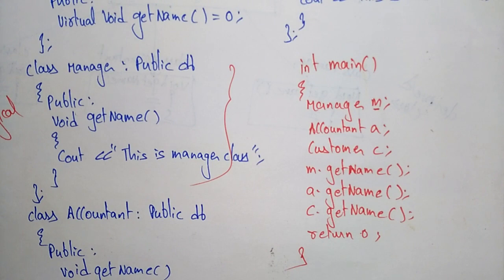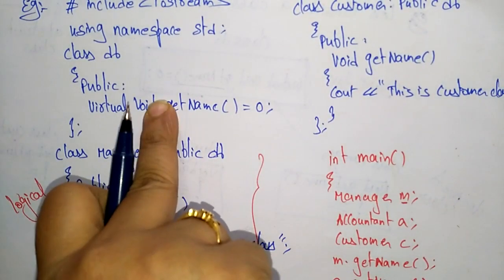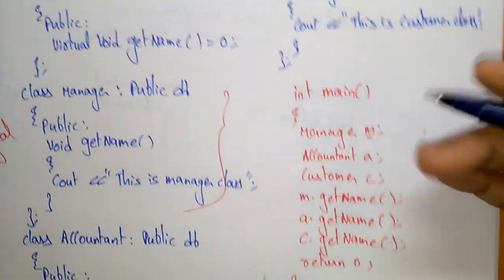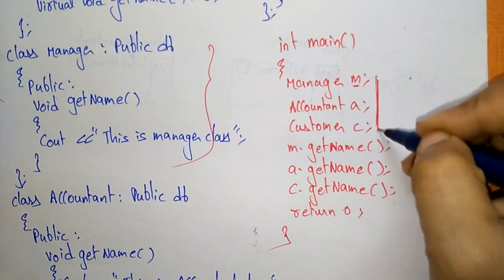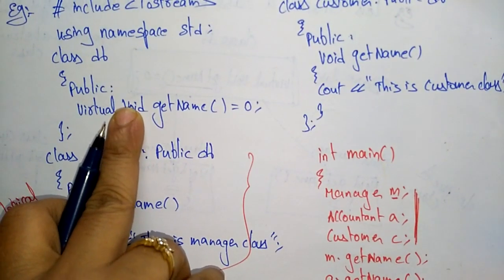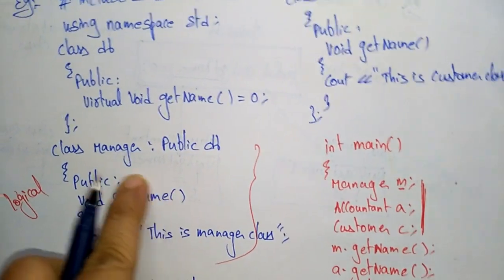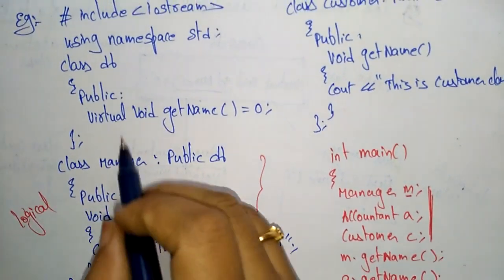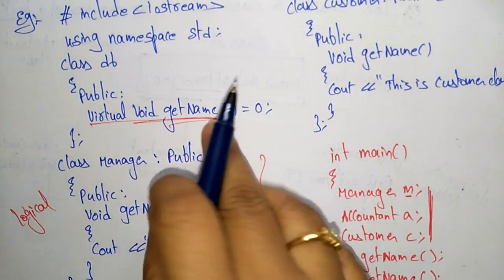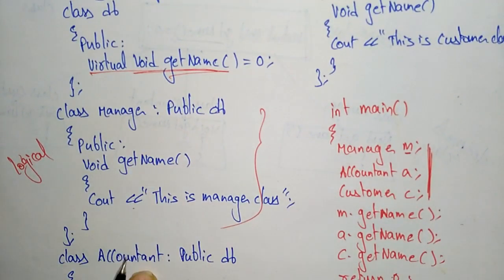Here you have to note that we cannot create an object of an abstract class. Here in the abstract class, we are not creating an object. Did you observe? We didn't create an object for this abstract class database. We are only using it in the derived classes. Here I declared one function, the getName function, that will be used in the derived classes.